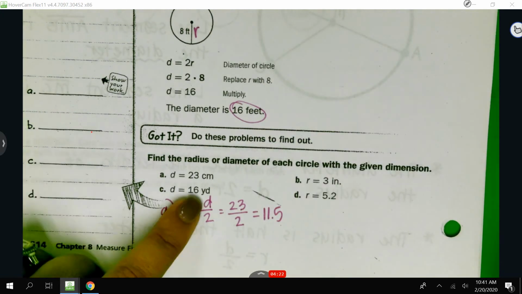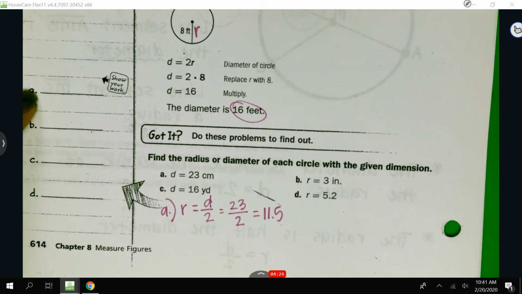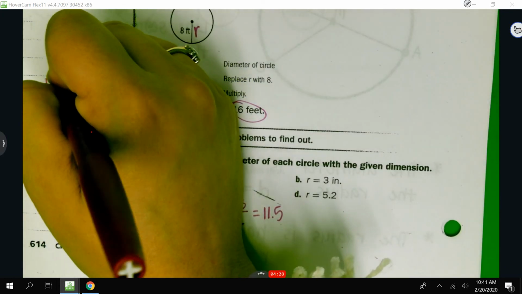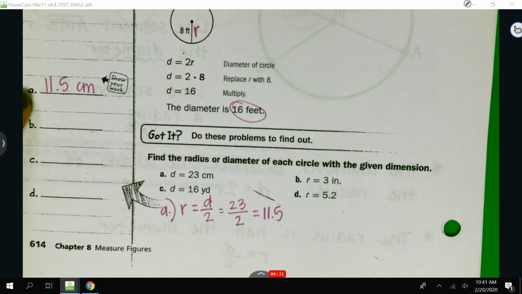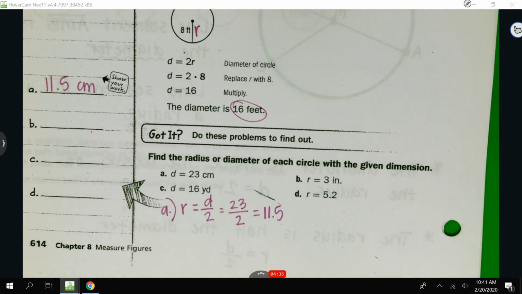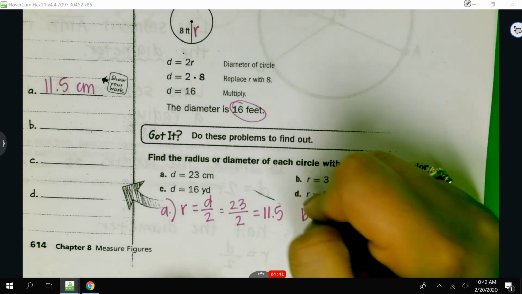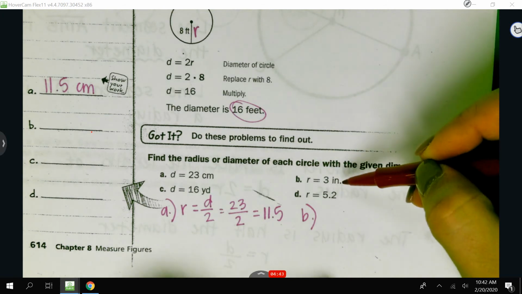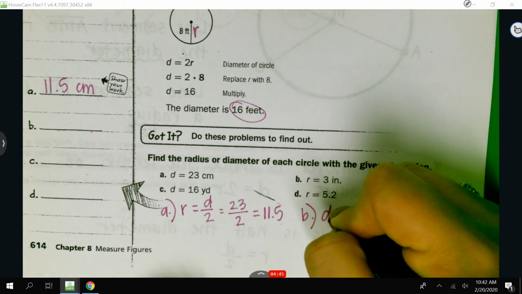And then it's measured in centimeters, so that means that your radius is 11.5 centimeters. Questions? Okay. B, they gave me the radius is 3, so that means I want to find the diameter.